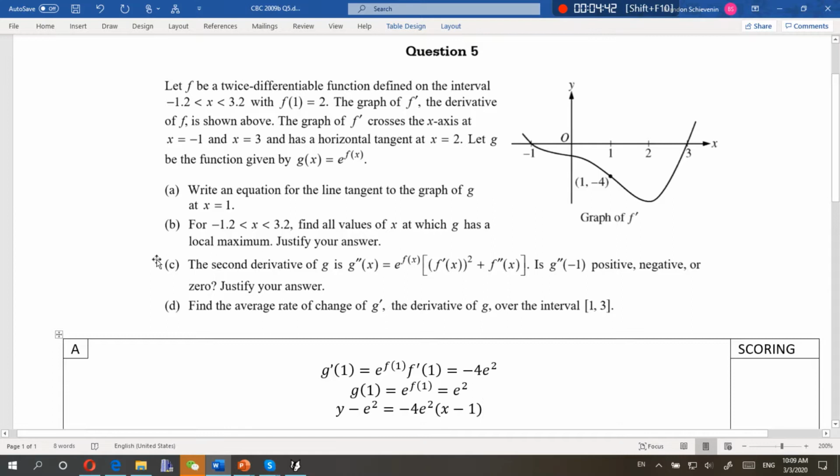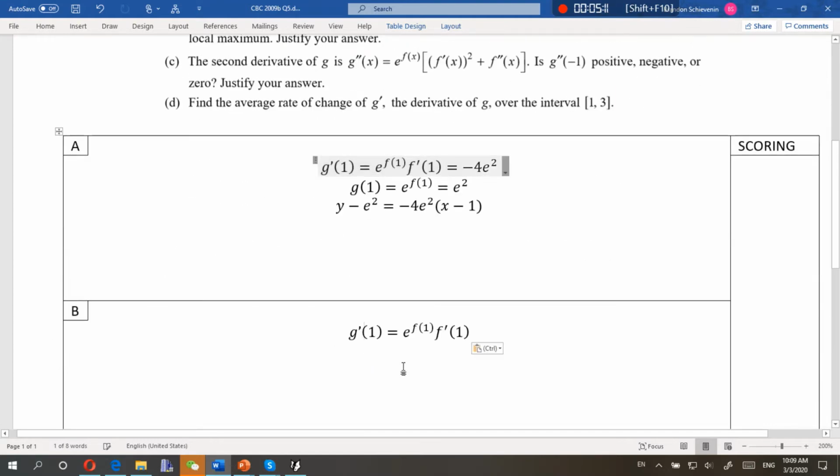Okay, and for part B, I want to find all values for which g has a local maximum and then justify your answer. So what will have to be true in order to have a local maximum? G prime x is equal to 0. Okay. So g prime x from last problem we said was equal to e to the f of x times f prime x.